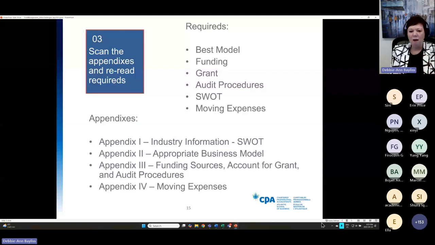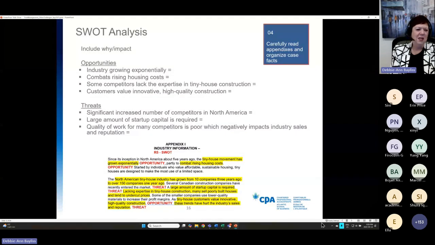This is all important information for our SWOT. So let's extract that. Lots of opportunities: industry is growing exponentially, tiny homes combat rising housing costs. Some competitors lack the expertise in tiny house construction, and customers value innovation and high quality construction.